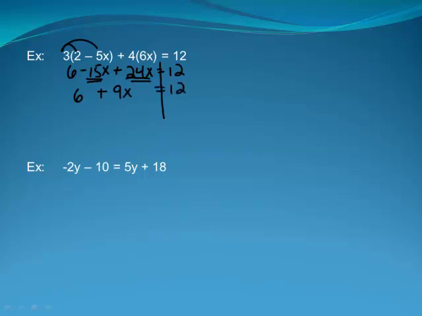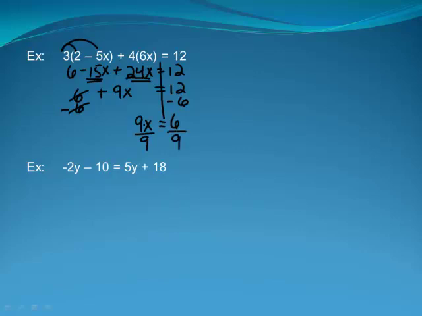It is equal to 12. I'm going to subtract 6 from both sides because now I'm going to have my x on my left and my constants on the right. So that leaves me with 9x on my left-hand side. 12 minus 6 is 6. Trying to isolate x, trying to get x by itself. So now I've got a multiplication step that I need to remove with division.